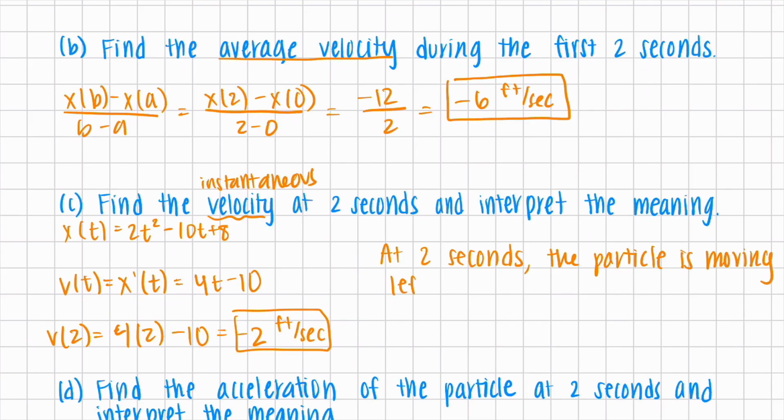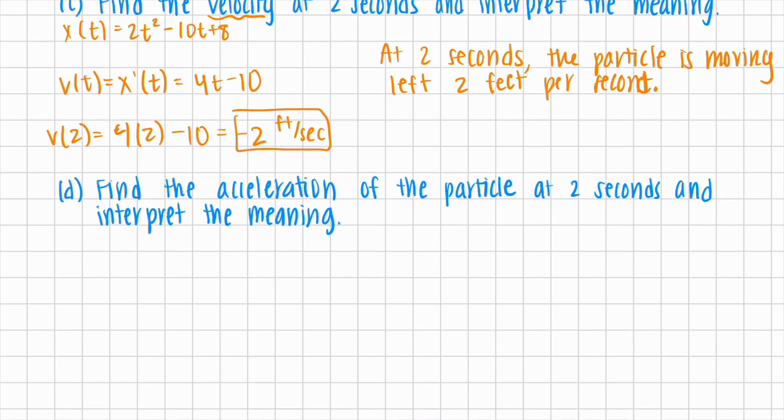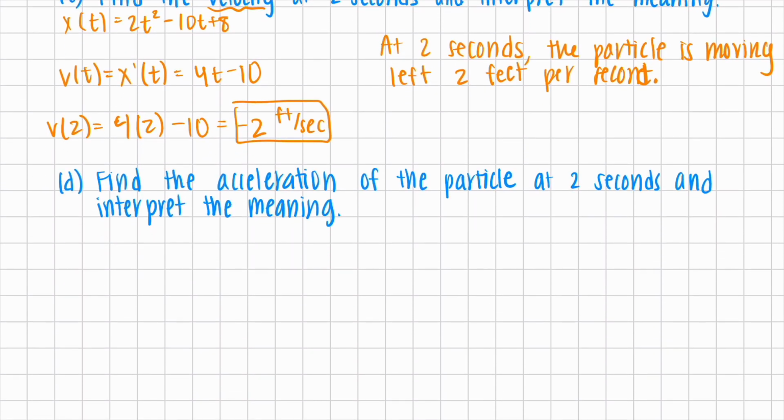We know it's moving left because my v of 2 is negative. It is moving left 2 feet per second. And there's our interpretation.